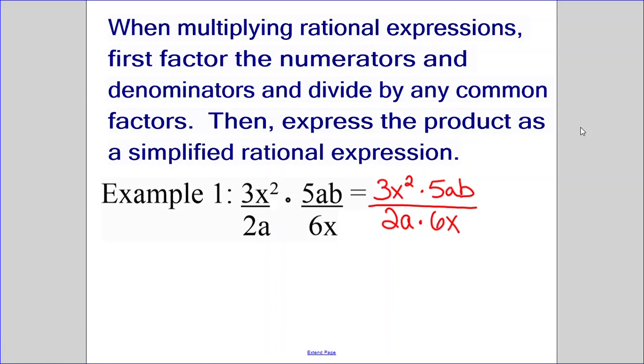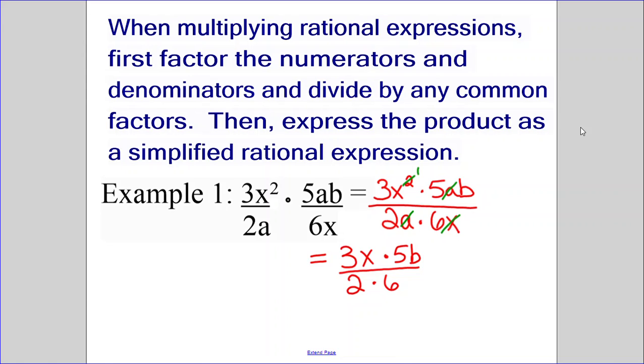Now, what can combine here, or what can simplify? Well, it looks like I have an a term that I can cancel out, and I have an x term that can reduce the power of this to 1. And so what can be left over with this? In our next step, it looks like I have 3x times 5b over 2 times 6.